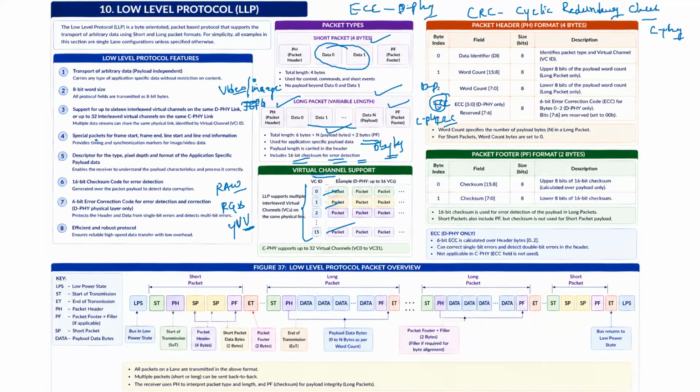That is the virtual channel support. And here, the low level protocol data is sent in the short packet method and long packet method. A short packet, followed by long packets, and however many long packets we have, that many data we are transferring. After that, a short packet.